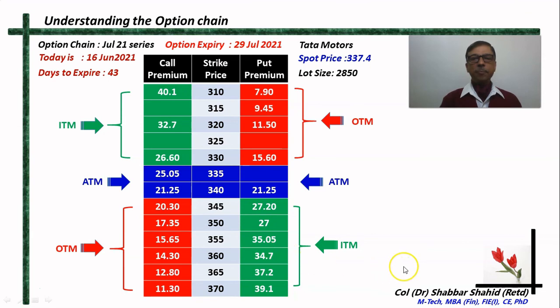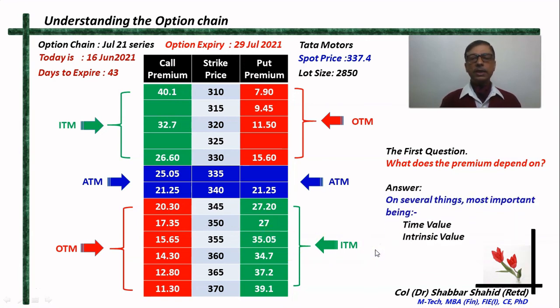All right. Now, having seen this, the first question which will come to your mind, or which you should ask me, is what does the premium depend on? These are the premiums for the call options and for the put options. What does the premium depend on? My answer would be that the premium depends on several things, which we shall be discussing subsequently.